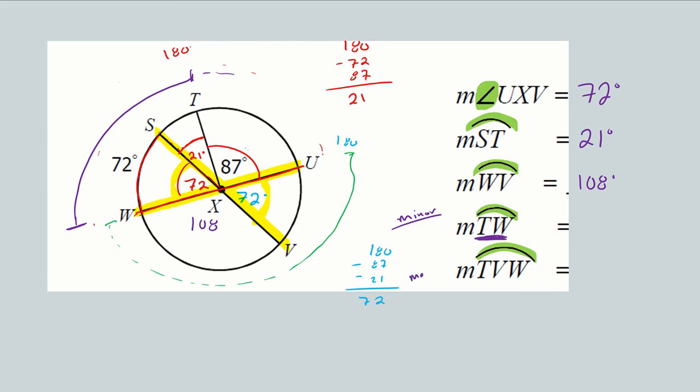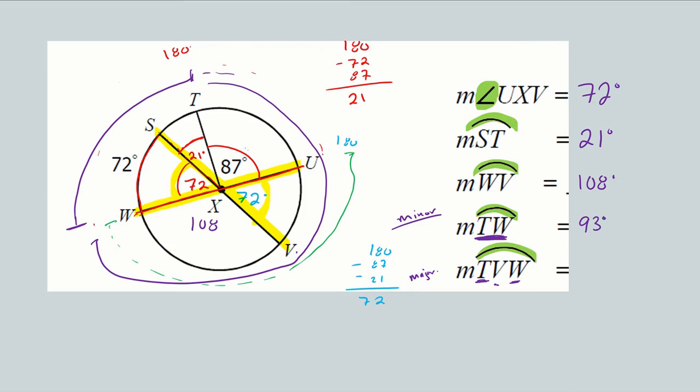So this one is going to be a major arc because not only are we trying to get from T to W, but we have to go through V. V is over here. So that's what's telling me T, V, W. That's our major arc. So the minor arc from T to W, we simply add 21 and 72, which gives us 93.